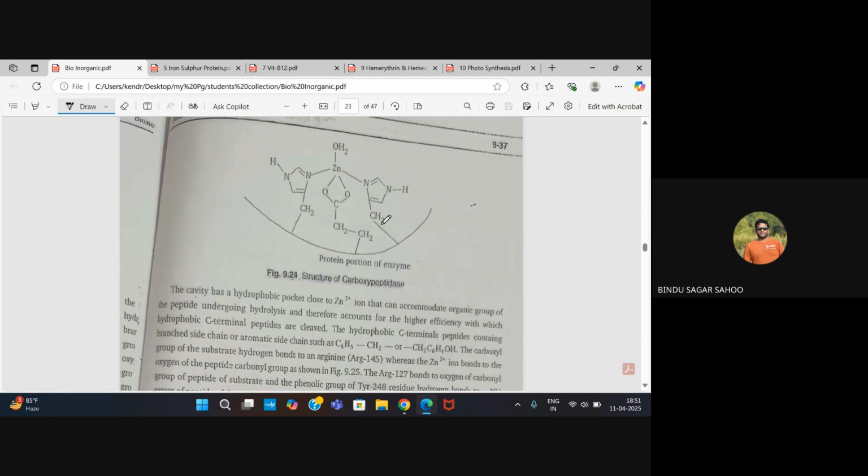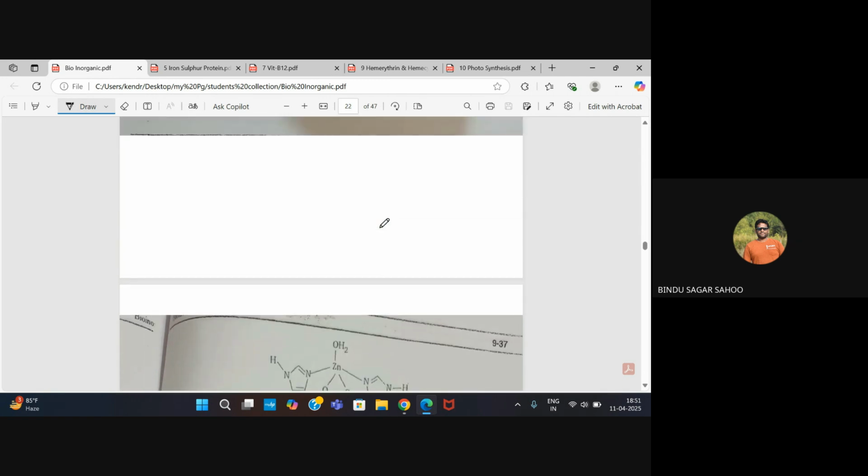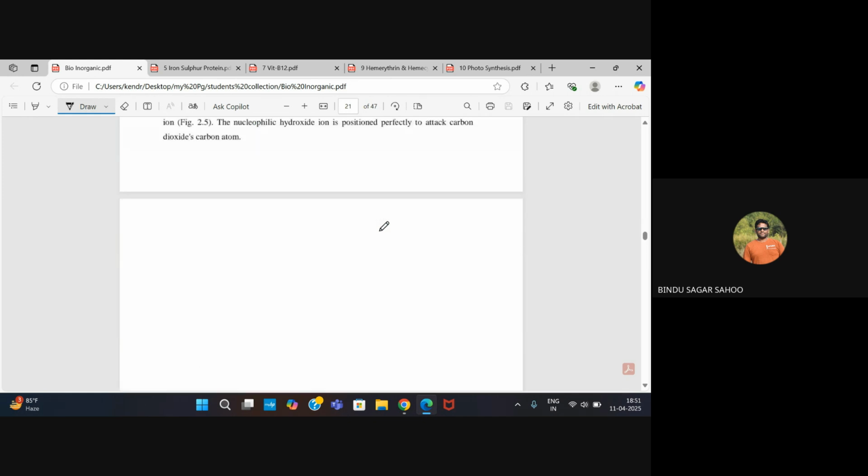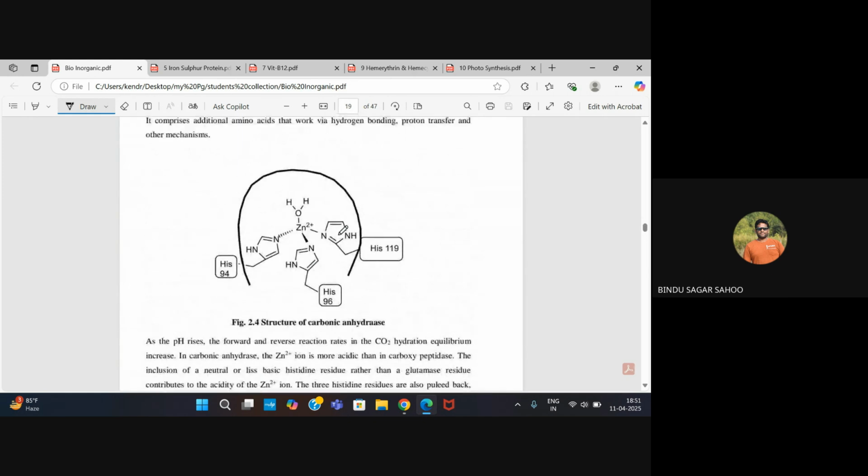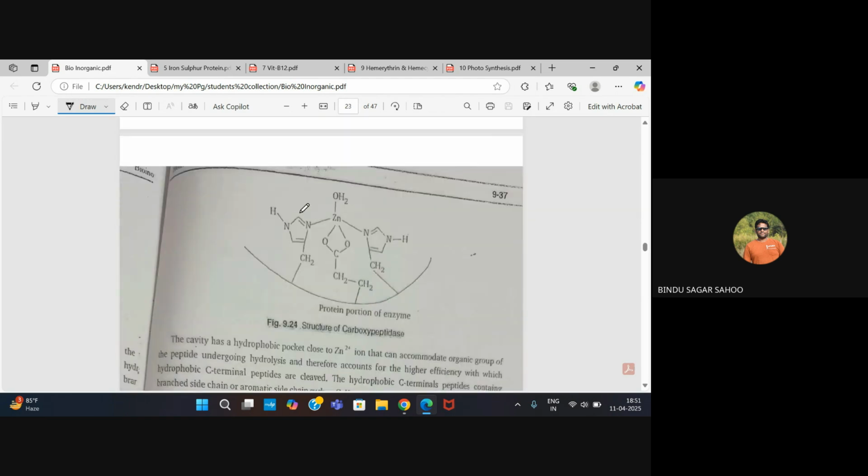Okay, here also it seems like a tetrahedral structure. Before, in carbonic anhydrase, you can see carefully the structure: three histidine amino acid residues are present and one water molecule. But in carboxypeptidase, these two are histidine residues, this one will be the glutamic acid residue, and this one will be the water molecule.